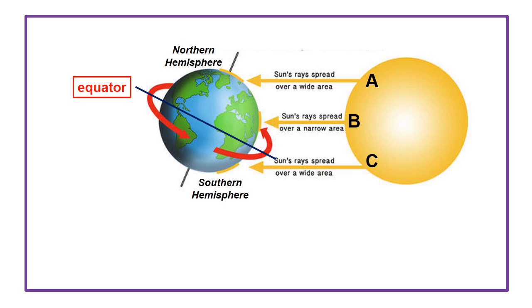Now, which hemisphere is receiving more sunlight? Is it the northern or southern? Yes, it is the northern hemisphere that is receiving more sunlight. Now, what do you think is the reason?